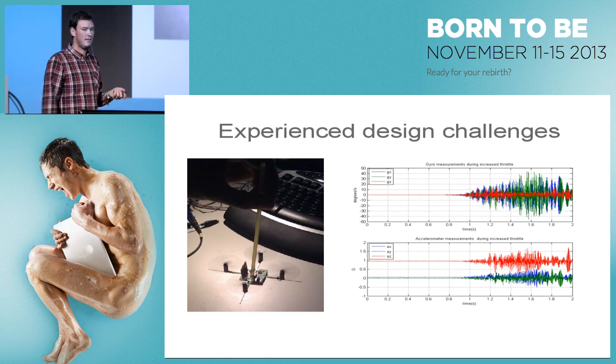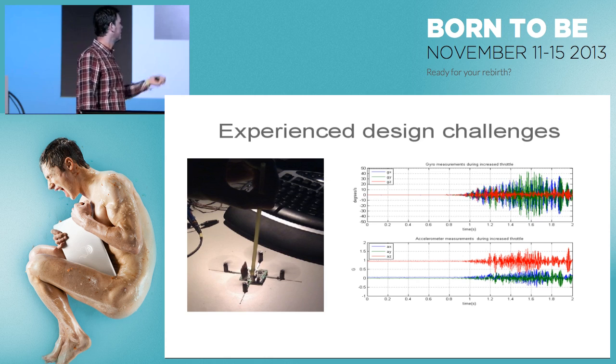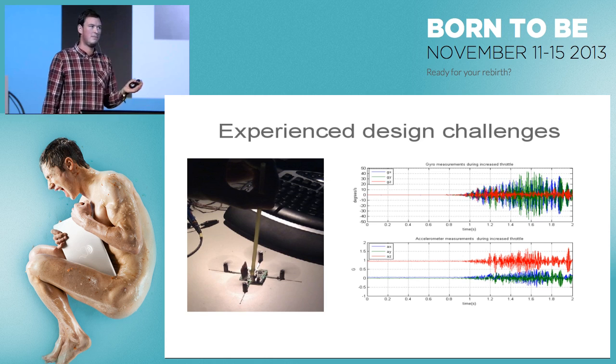So you can see on the right-hand side where we go from no throttle to full throttle, while we're just holding the Crazyflie on the table, how much noise the sensor gets from the vibrations. And that you have to deal with. Low-pass filtering works, and also the sensor fusion filters are pretty good.